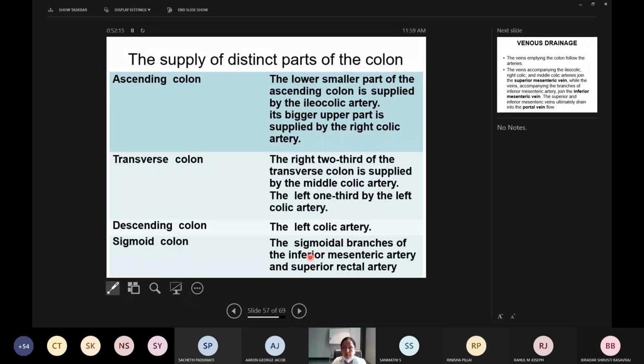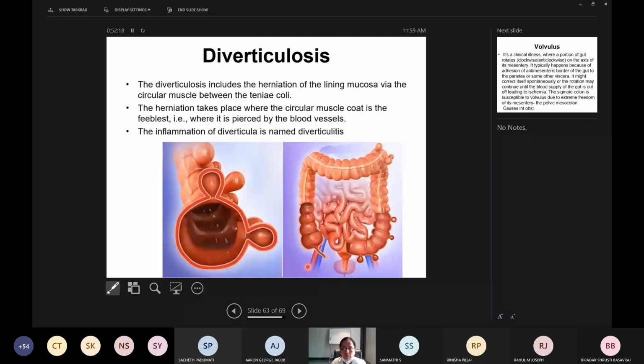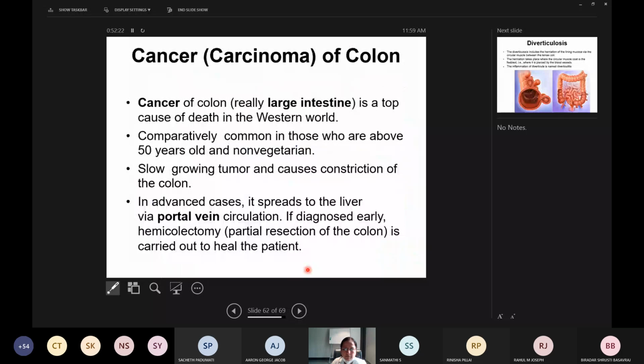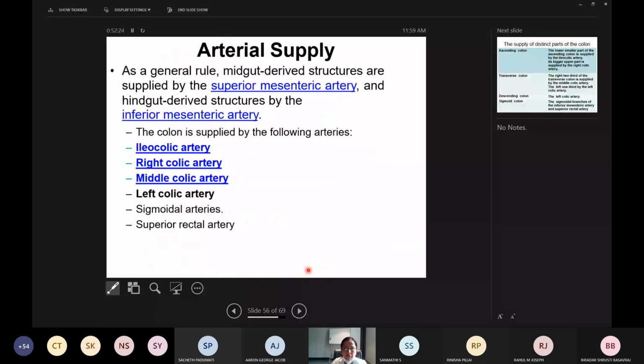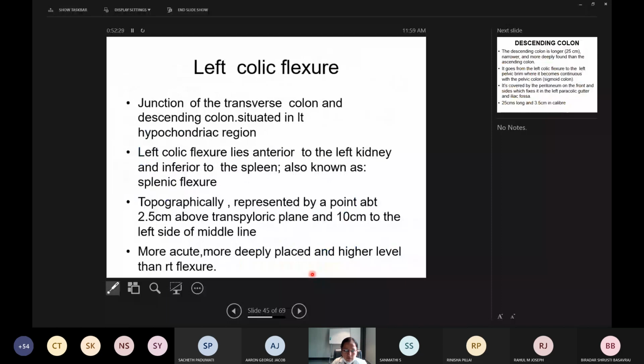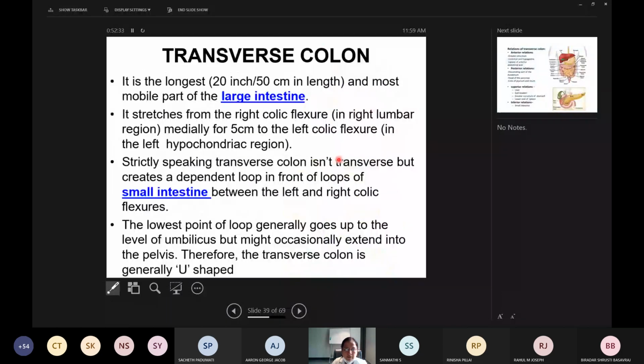The branches of the superior and inferior mesenteric arteries form the marginal artery of Drummond. I did not get a proper figure for that. Here you will be having the vessels.